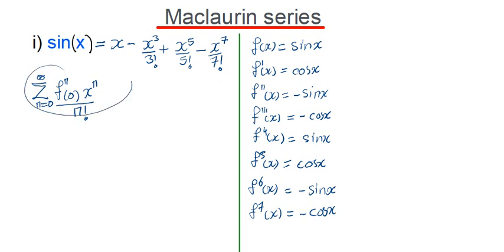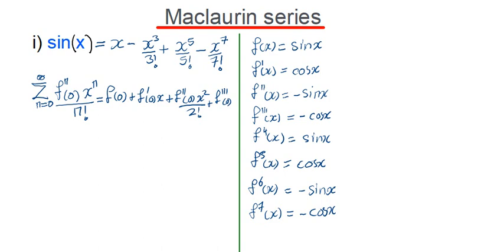That is simply going to give you something like f of 0 plus f prime of 0 times x, plus f double prime of 0 times x squared divided by 2 factorial, plus f triple prime of 0 times x to the third divided by 3 factorial, and it keeps on going. So that is how it's going to appear, something close to that.